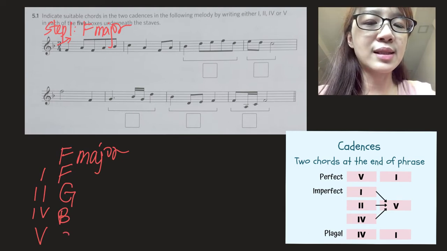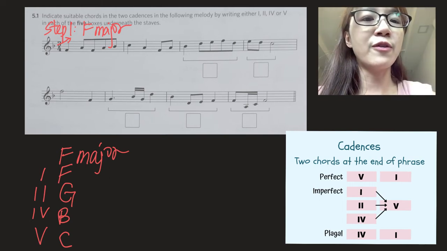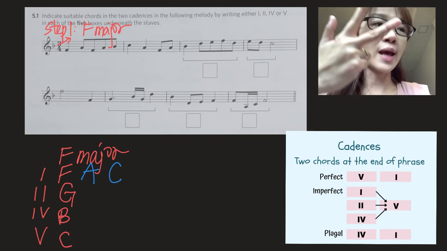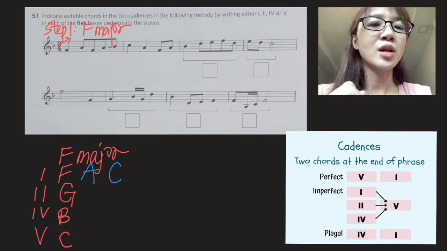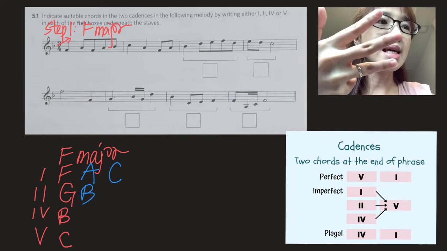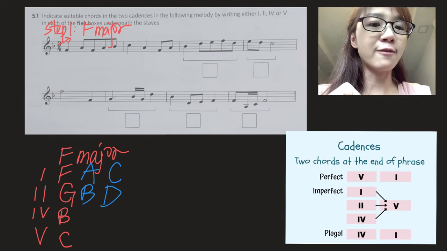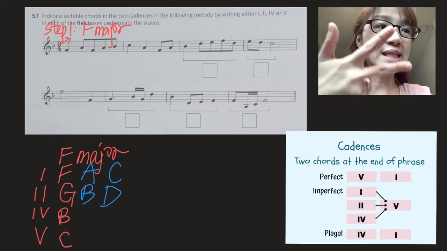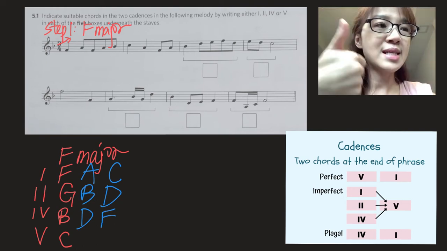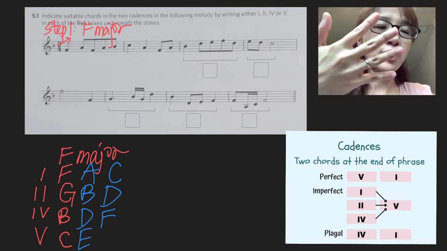B and C. Now you start to build the first note, third note, and the fifth note: F, A, C. Then G, B, D, and so on. So count the first, third, and the fifth.